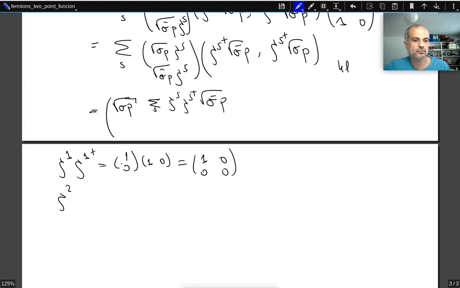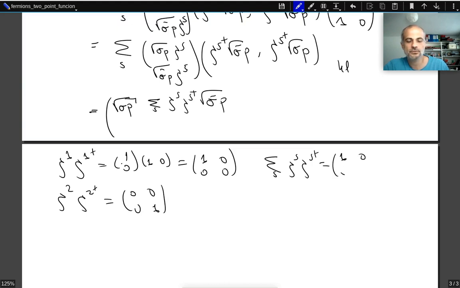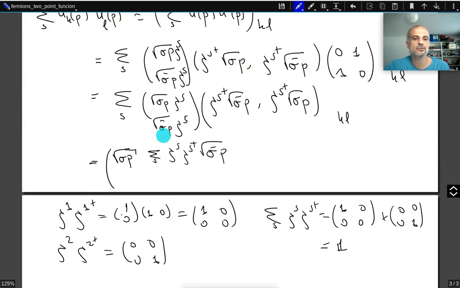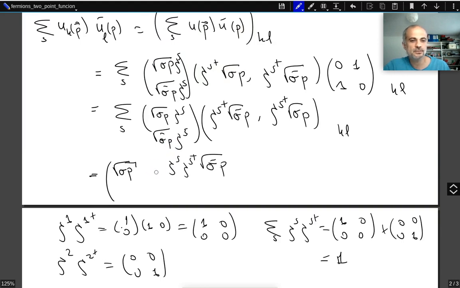Similarly, ψ_2 ψ_2† is (0 0; 0 1). So the sum over s of ψ_s ψ_s† is (1 0; 0 0) plus (0 0; 0 1), which is nothing but the identity matrix. So this whole thing over here is the identity matrix, and I can just erase it, and I will have a somewhat shorter expression.